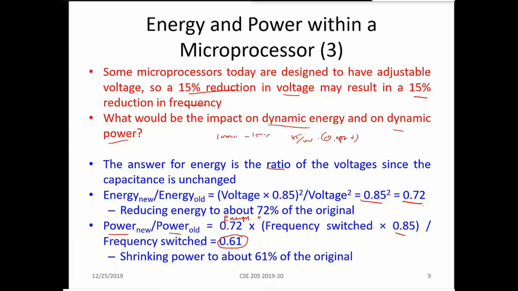So the power shrinks to about 61% of the original. When we reduce the voltage and frequency by 15%, the power has been reduced to 61%. So if you have a chance to reduce the voltage or the frequency while running, the power consumption can be reduced. That is the only reason this was given.